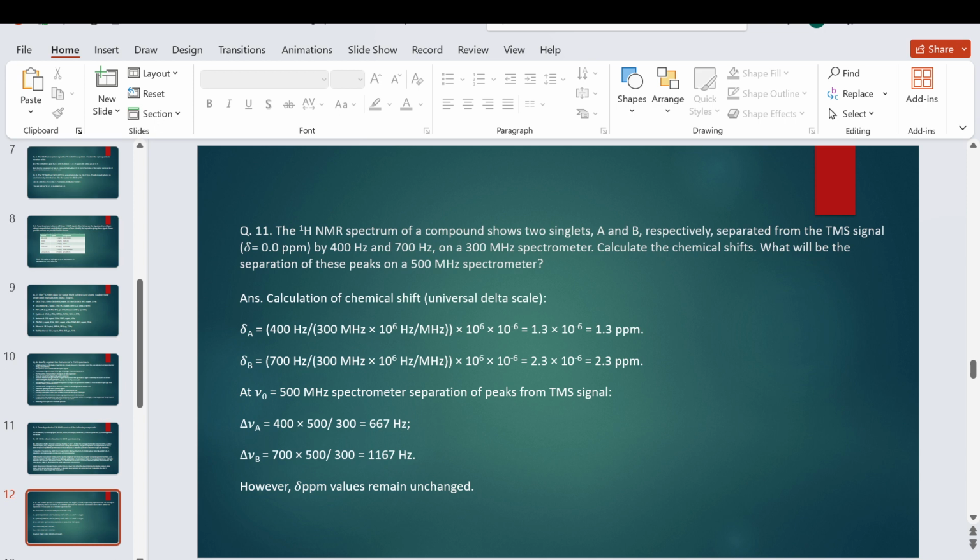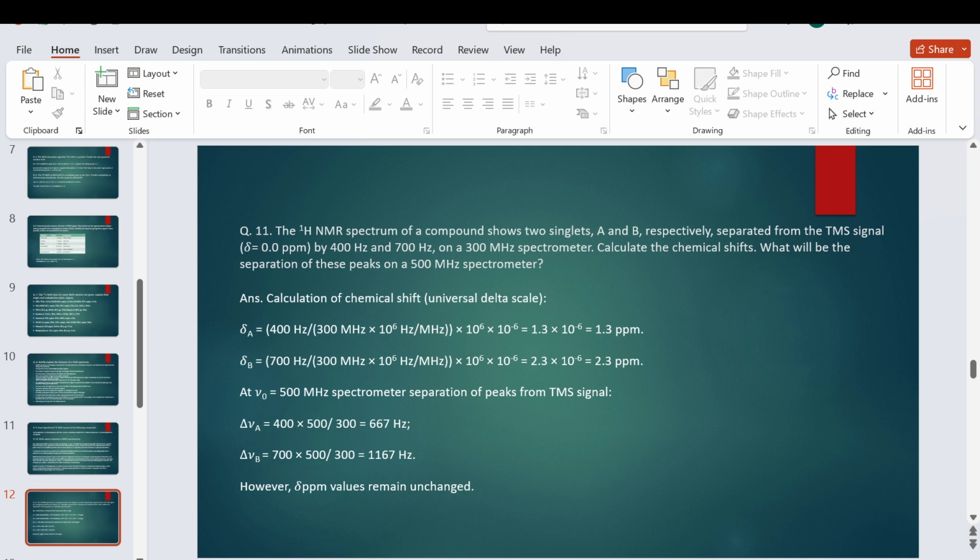So delta A is calculated as 400 Hz divided by 300 MHz converted into Hz, multiplied by 10 to the power 6, again multiplied by 10 to the power minus 6. If you solve it, it becomes 1.3 into 10 to the power minus 6. It is read as 1.3 ppm, ppm for 10 to the power minus 6.